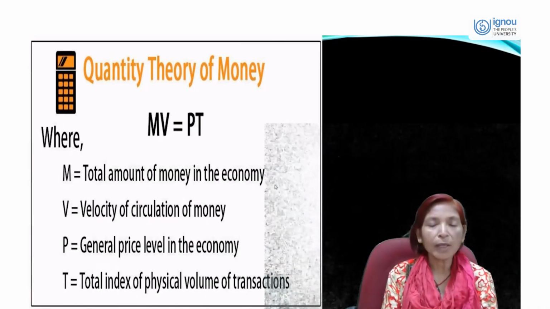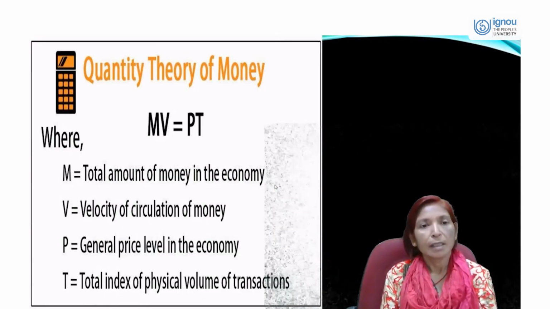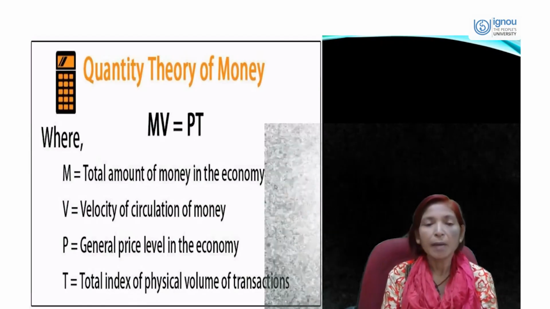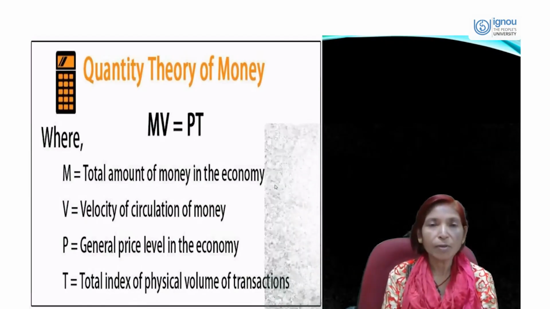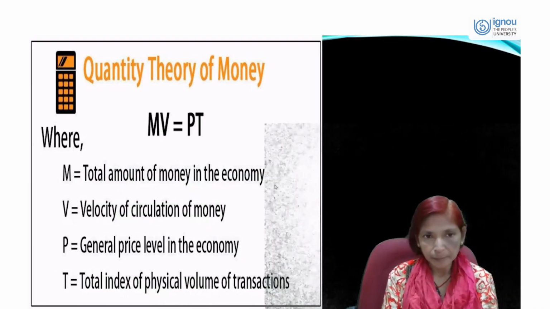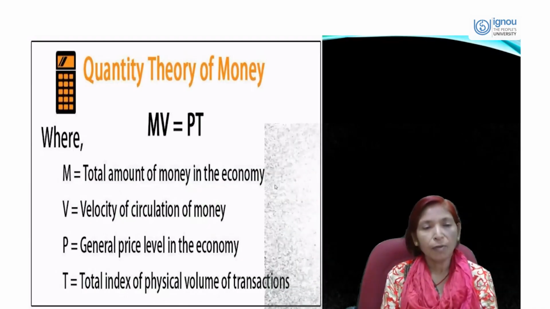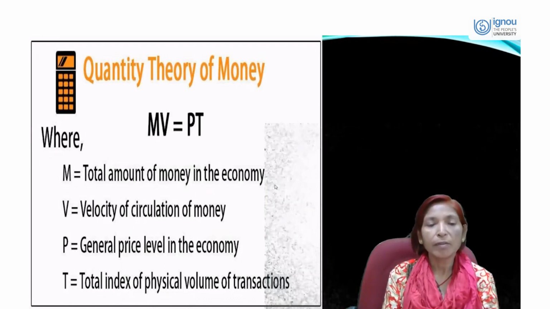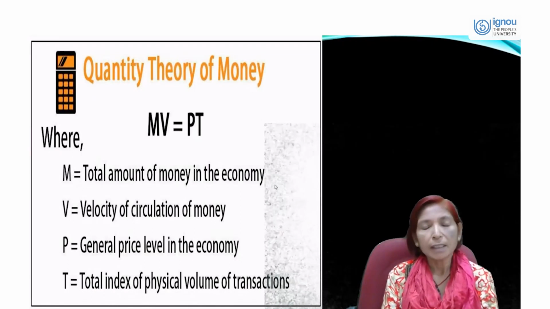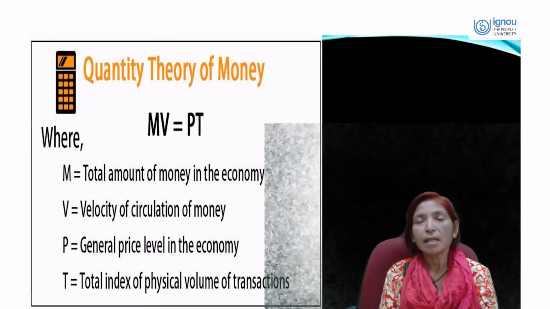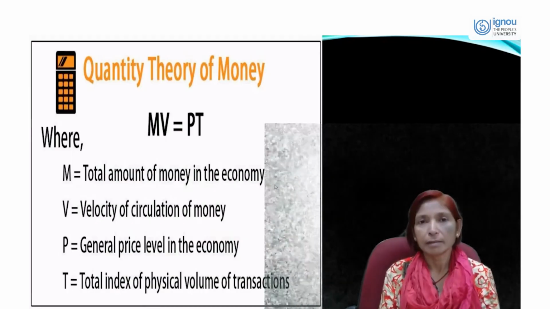And if we want to show the positive relationship between M and V, we must assume T and V remain constant. If we want to calculate the direct relationship between MV and PT, then we will assume that price is a passive factor.